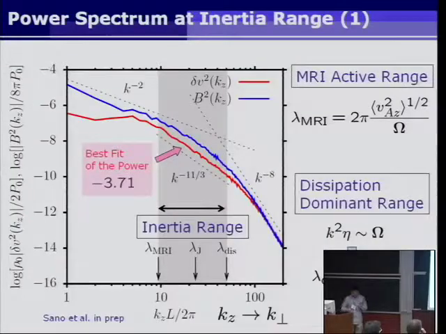This is the spectrum in kz, which means k parallel. So the MRI wavelength corresponds to k equals 10. In this lower k region, the energy input of MRI will be dominant. On the other hand, if we define the dissipation length from this relation, it corresponds to k equals 50.